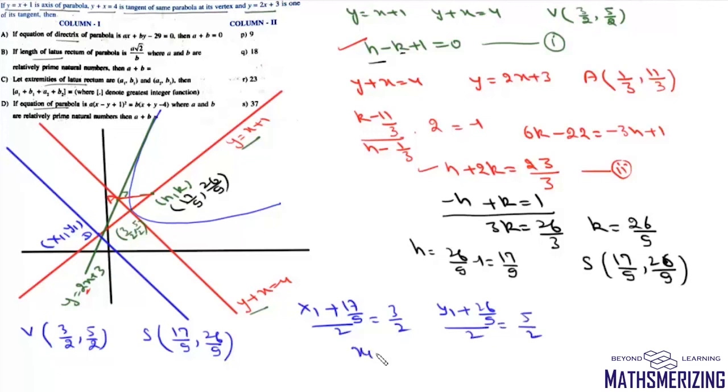So we'll get x1 as 10 by 9 and y1 as 19 by 9. So basically the base of the directrix is (10/9, 19/9). Now we can start solving this question.